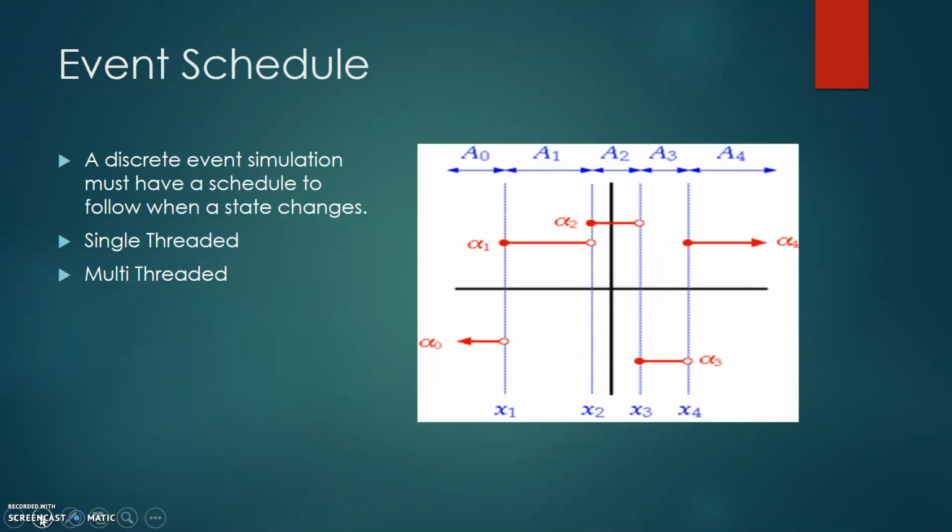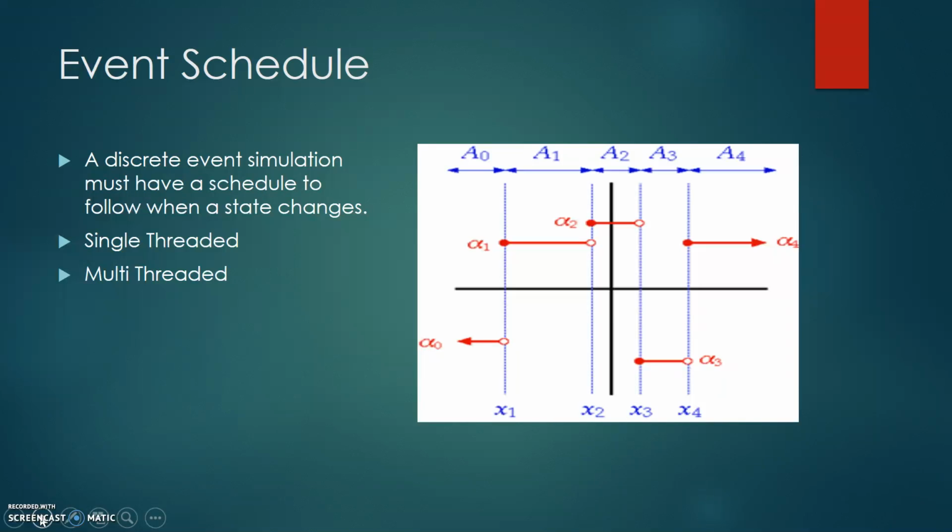An event schedule, I also feel like you could kind of almost call this a flow chart. You are moving through the system, so things have to happen in a certain order. However, there's a difference between single-threaded and multi-threaded, which Jordan will discuss. So a single-threaded discrete event system will have one event happening after another.